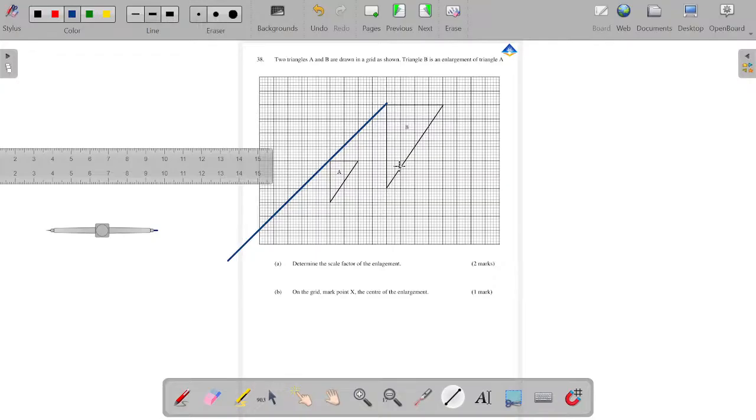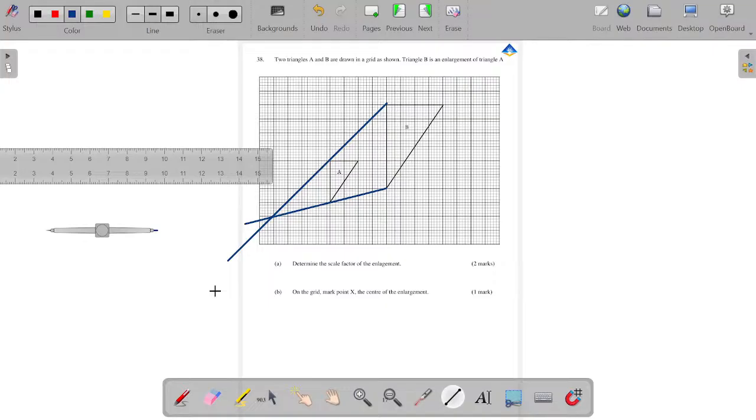I'll also have to join this other point to its corresponding point and extend. Where the 2 lines have intersected is what is called the center of enlargement.